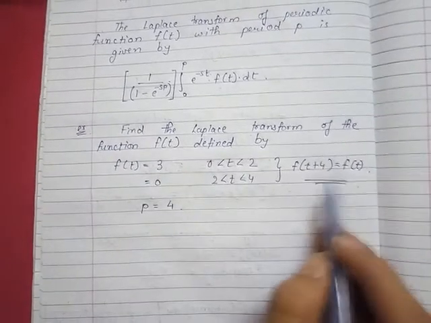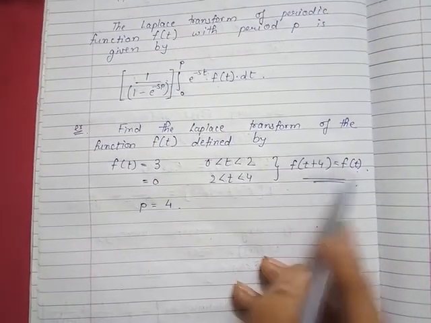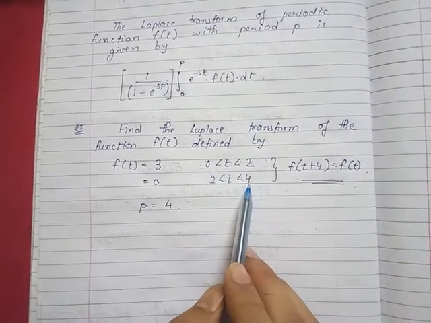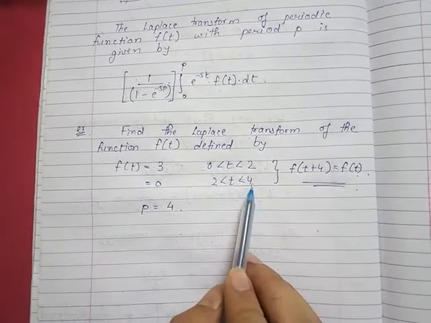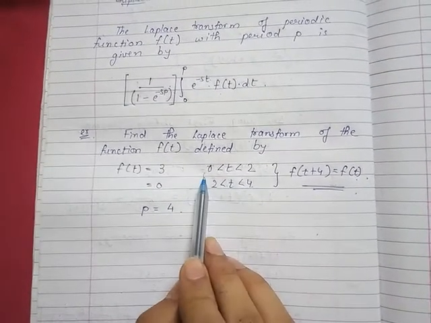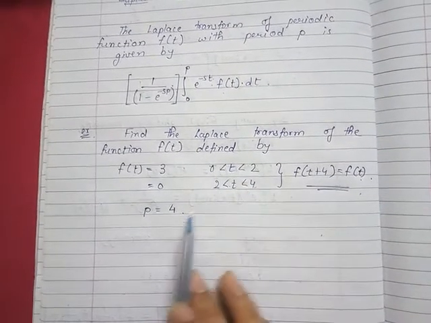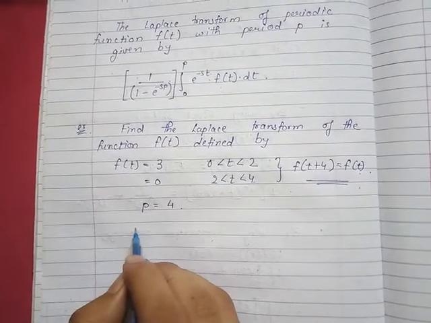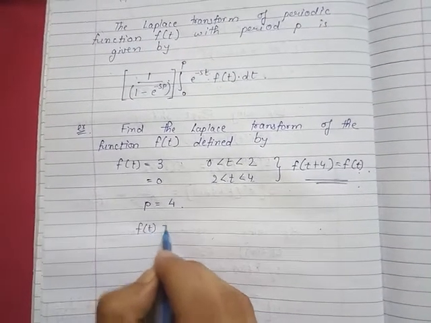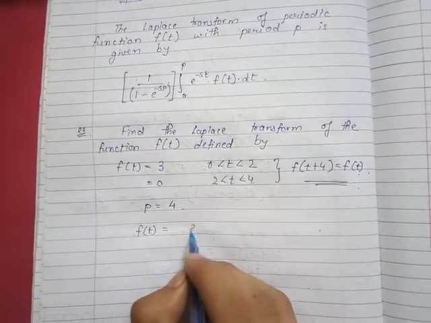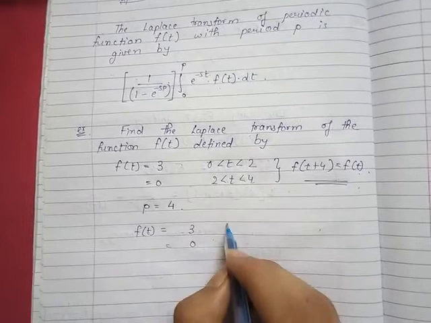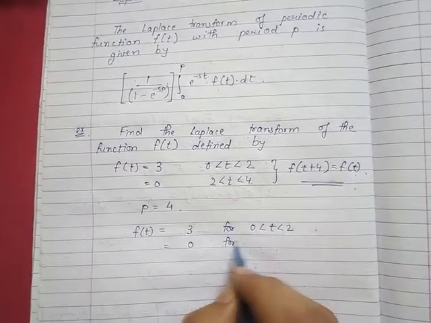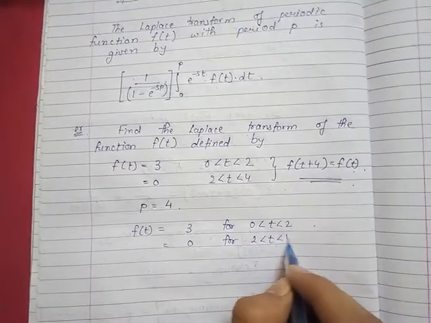The period of the function is 4, and if this information was not given, then from here we can also see that from 0 to 4, p will be the upper limit minus the lower limit, that will be 4 minus 0, 4, and f of t is 3 and 0 for 0 to 2 and for 2 to 4.